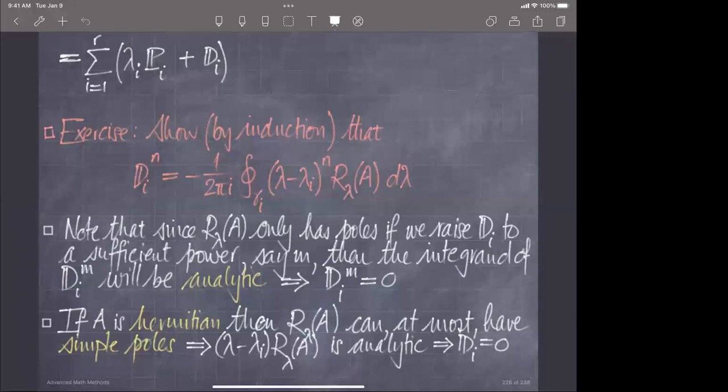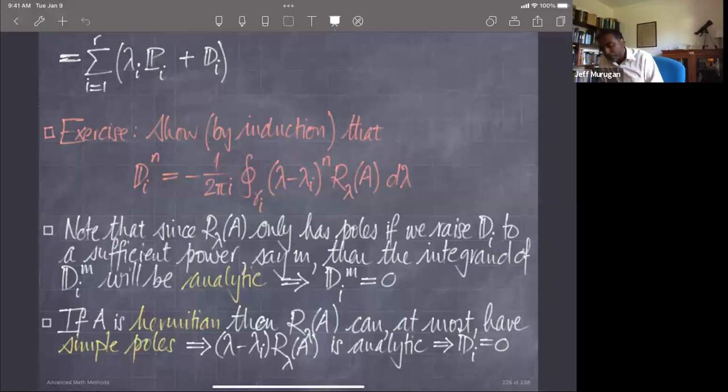So the point is, if I increase n enough to cancel off whatever the order of the poles in R lambda is, then the resulting object here is going to be 0.